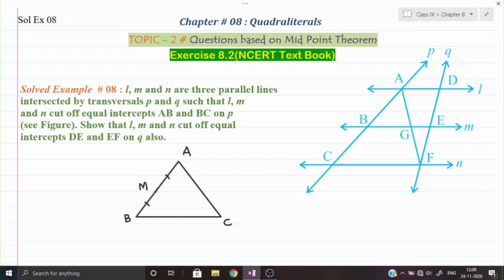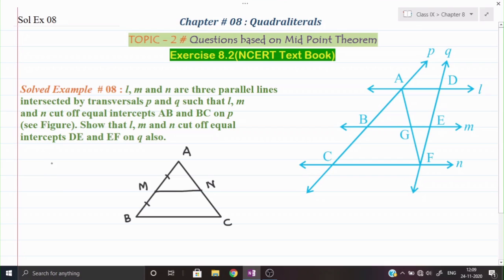So please remember, when we are going to apply the theorem we should have a certain given. Accordingly only we can apply the theorem. So here first given you required, on one side of the triangle you required one midpoint. From that midpoint, if you draw a line to another side, then we will get here one line. The name of the line is MN. The second given you want here, that MN should be parallel to the BC.